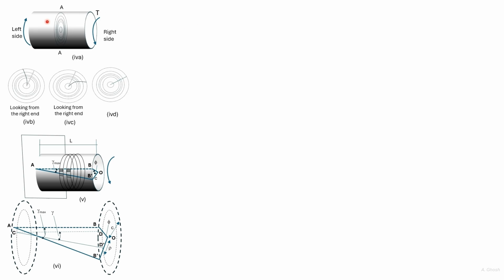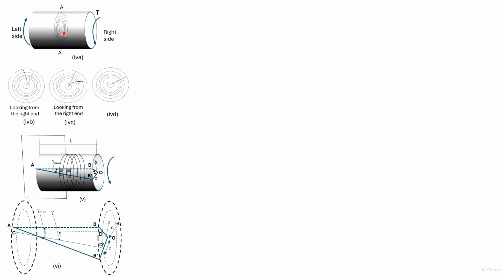So as earlier, we consider a circular bar to which a torque T has been applied from the right side. Due to equilibrium, we see that an equal and opposite torque must act on the left side.